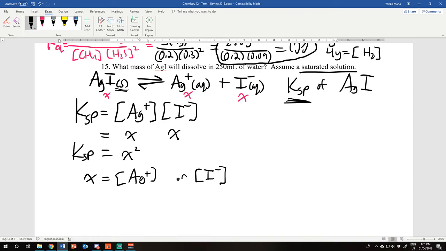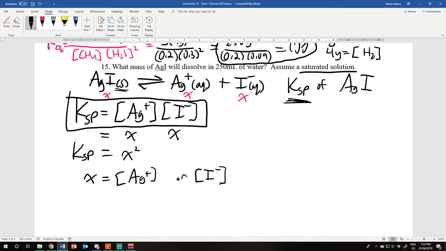In this particular case, it might matter if we're using something like not silver iodide, like maybe strontium iodide or silver carbonate. Basically, if this 1:1:1 ratio isn't 1:1:1, then this equation will have to be adjusted. So make sure you understand how to set this up, because you may not receive an equilibrium that is 1:1:1.